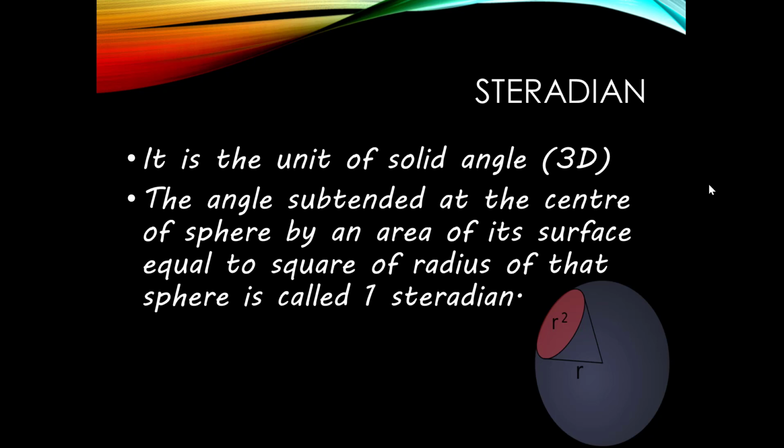So if we are considering a ball, and on that sphere we are considering a surface area equal to r square, then the angle subtended at the center, this angle which is considered over here, is basically a 3-dimensional angle, that will be equal to 1 steradian.